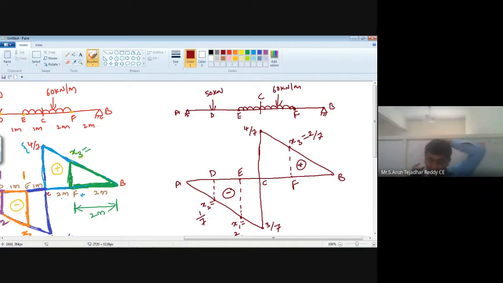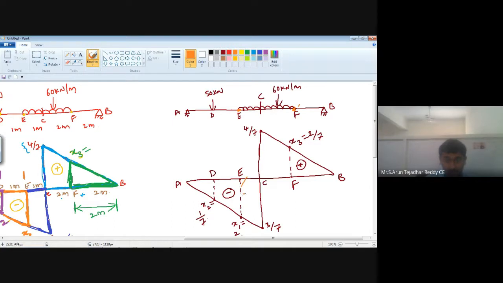See, generally if all the loads are point loads, then it is easy. But here from E to F, the uniformly distributed load is given. So we can take the full area from E to F. Once observe the area, so E to F. This is entirely a uniformly distributed load.